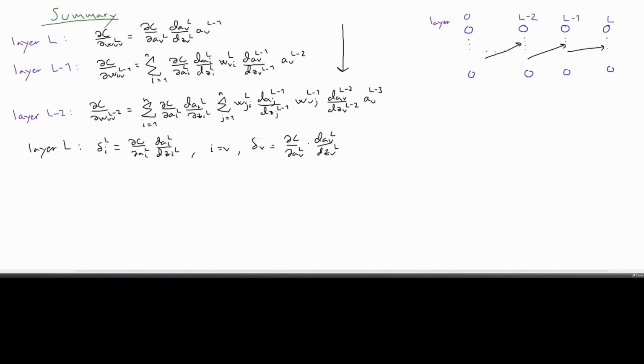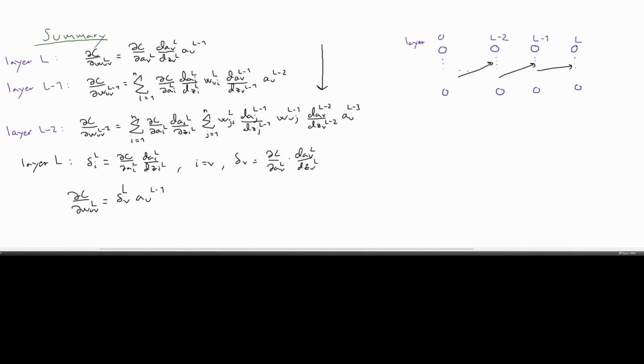So if we substitute this part into this expression, we get that the partial derivative of C with respect to W_VU^L is equal to delta V times the activation at the Uth neuron at layer L minus 1.